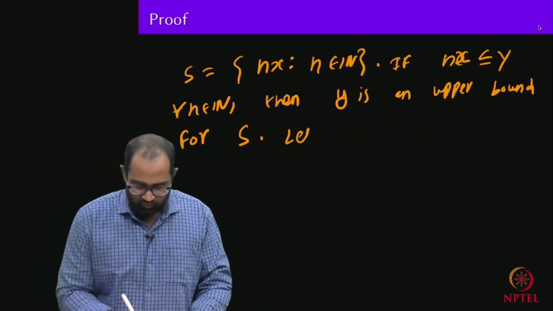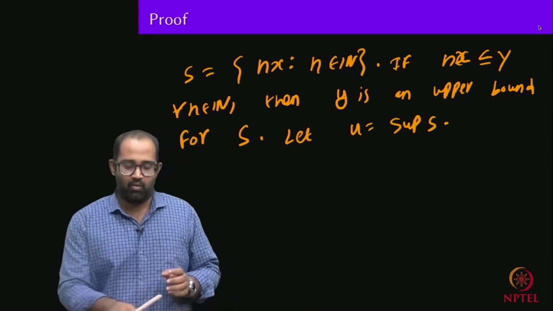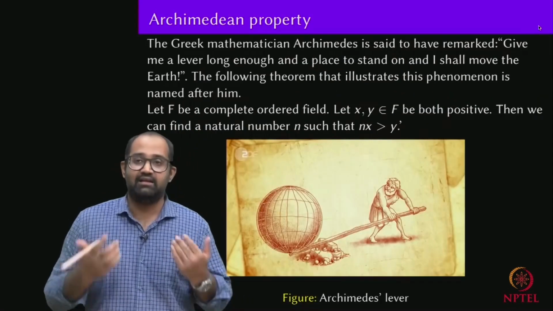So, let u be the supremum of S. This is a set that is bounded above and we are in a complete ordered field, therefore, there must be a supremum.